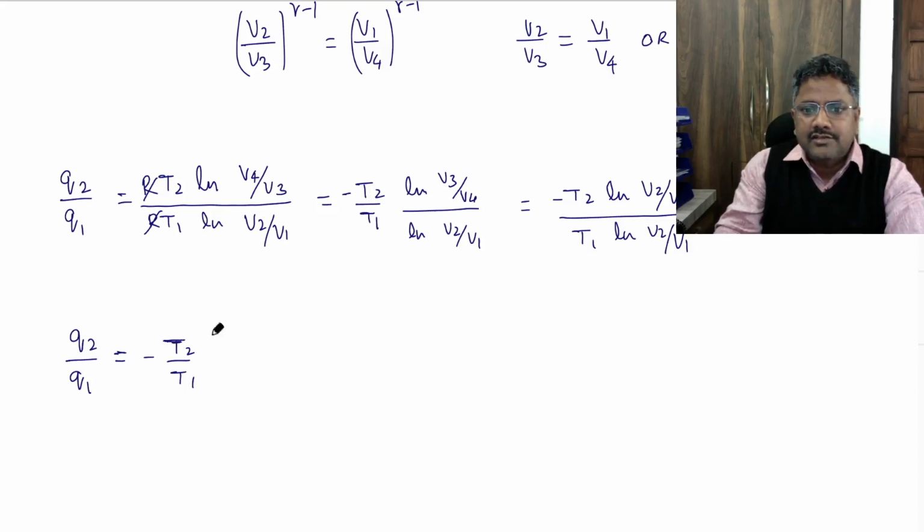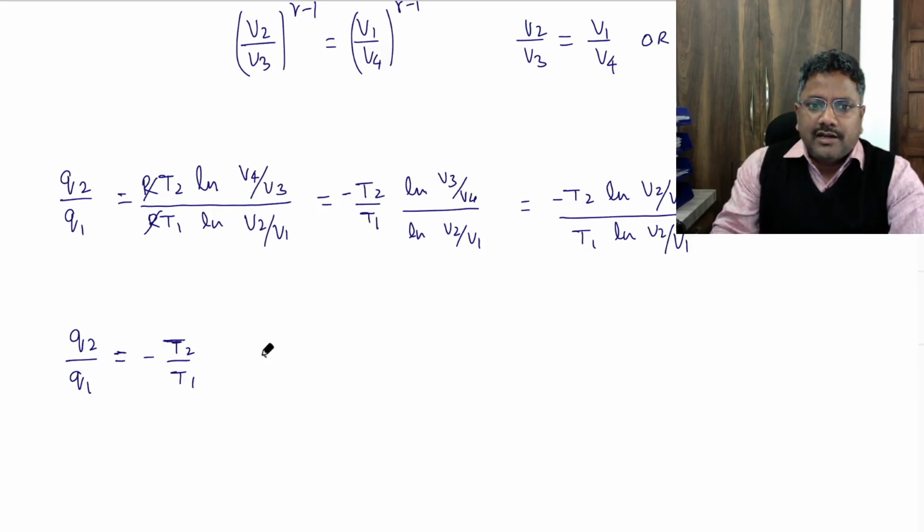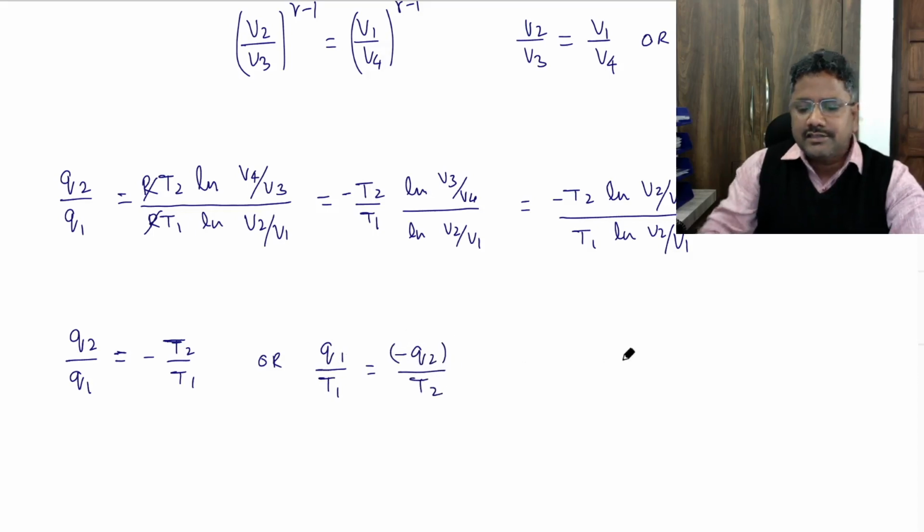So this is the result for this Carnot engine, a cyclic process. So you can write Q1 by T1 is equal to minus Q2 by T2, right?